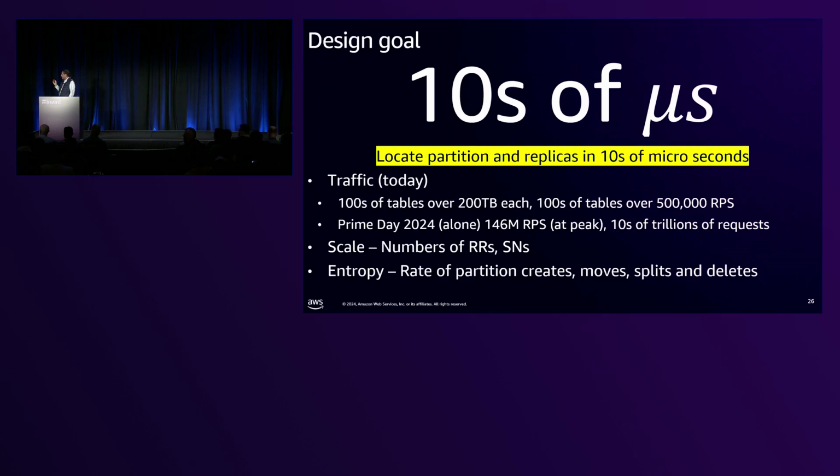And these are on tables which are being continuously created, deleted, split, and we'll talk about moves in a second. How are you going to keep track of where this data is and produce an answer in tens of microseconds?